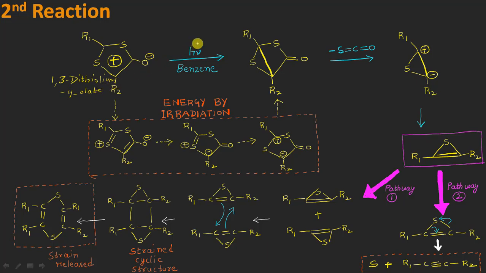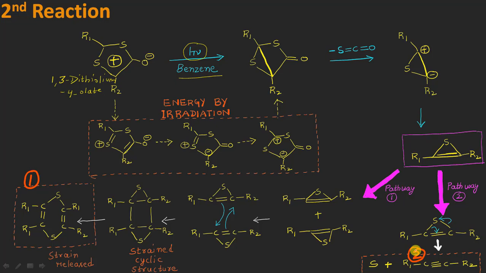Once again it is a photochemical reaction, and this time the solvent is benzene. Finally, after all this reaction and mechanism, we will be getting two different products: this one here is the first product, and this one here is the second product molecule, right? So let us see quickly how we are getting these two different products.